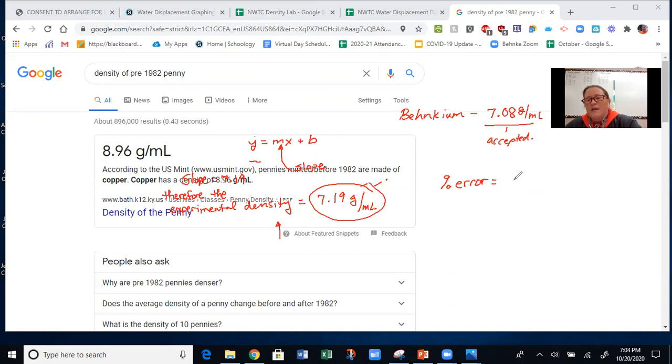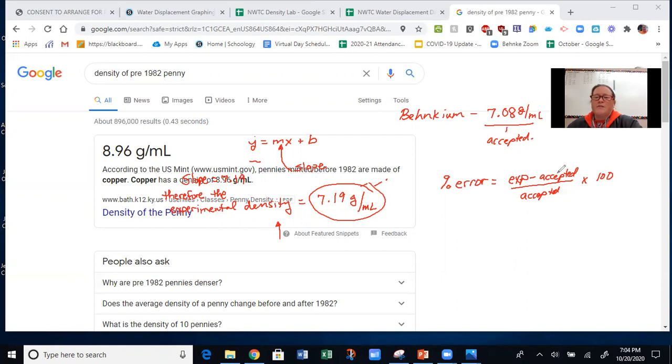Percent error is the experimental minus the accepted, divided by the accepted, times 100.